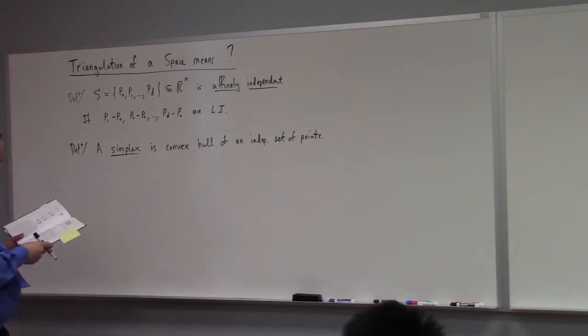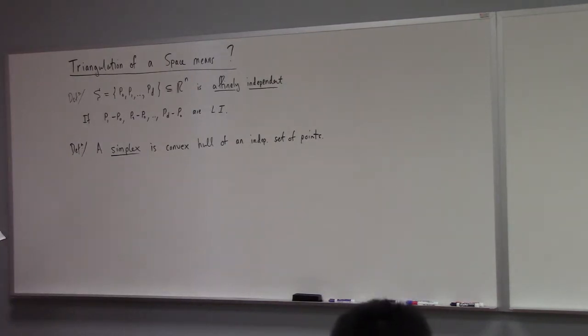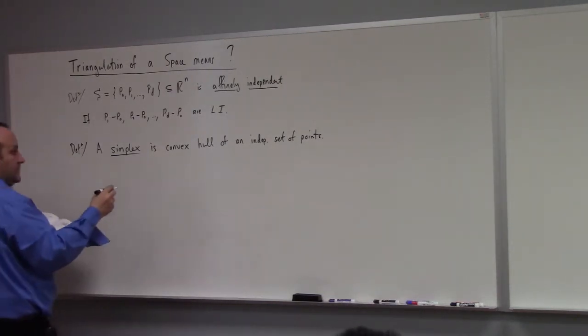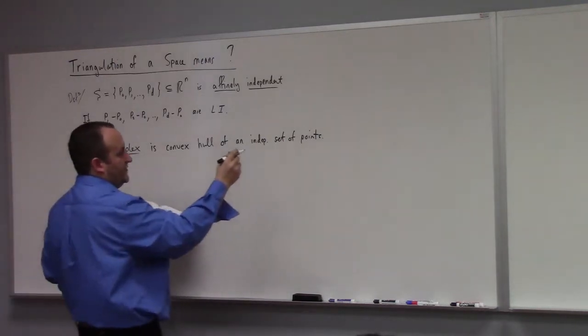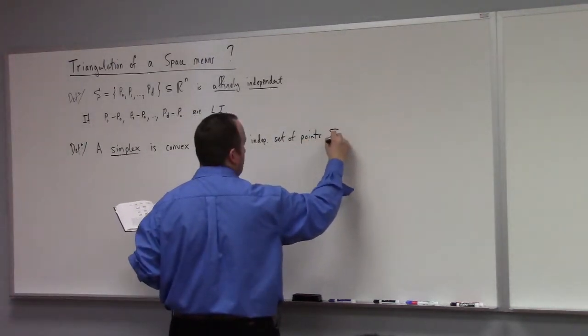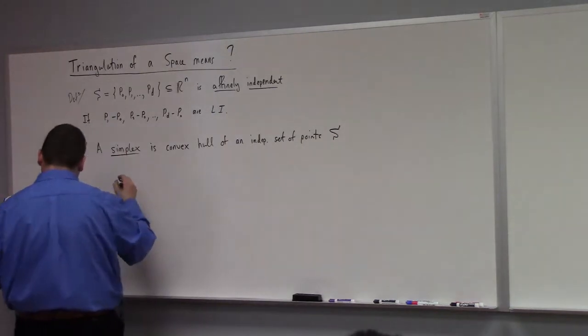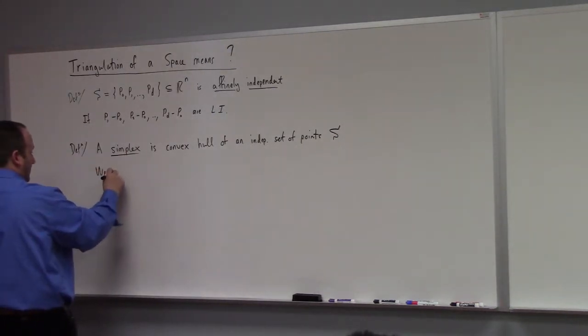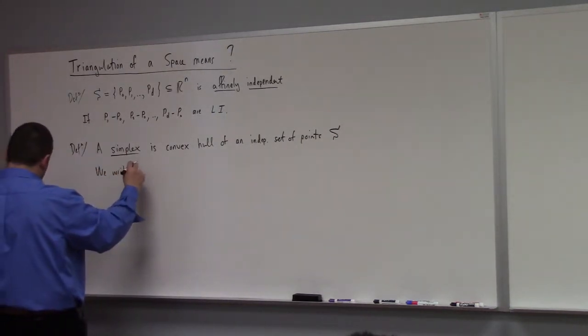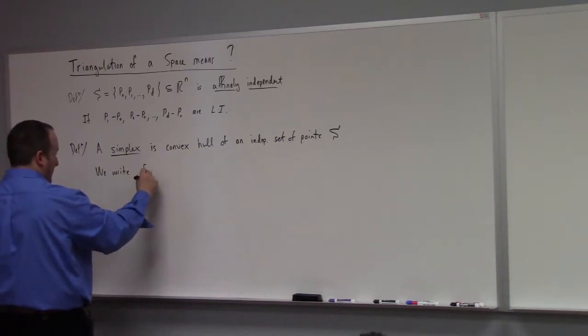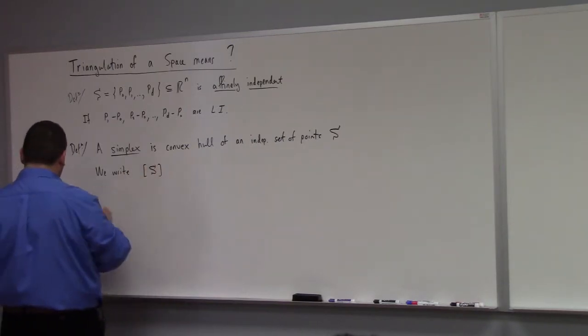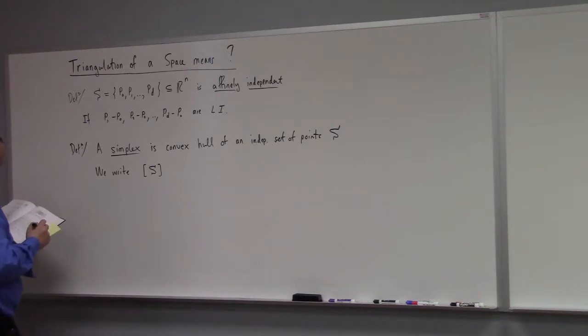Let's call the set of points S. He says we write S with brackets to denote the convex hull.